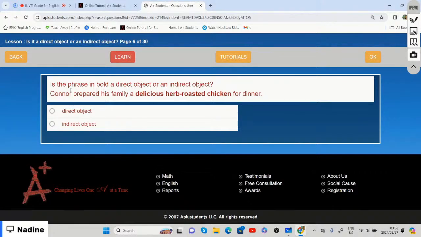So, Connor prepared his family a delicious herb roasted chicken for dinner. Is that a direct object or an indirect object? Delicious herb roasted chicken.